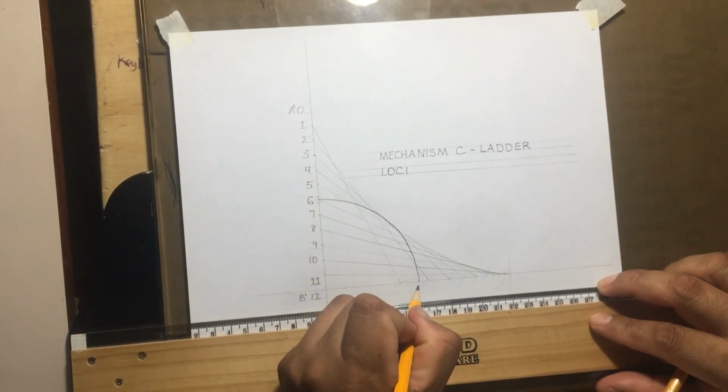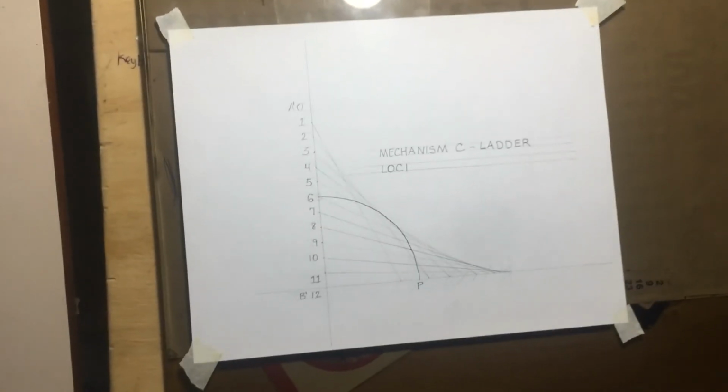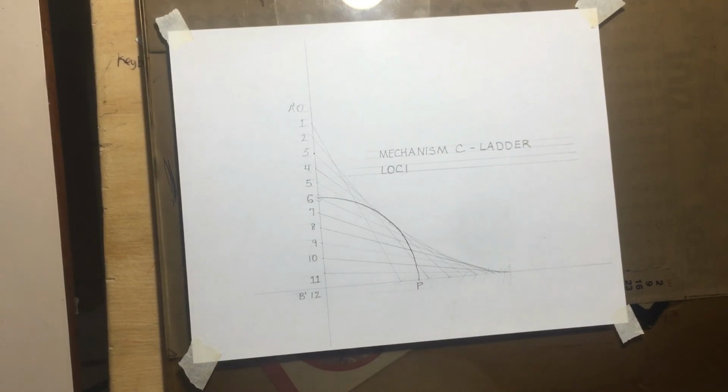Because this is 6, so this is P. Okay, so that is the construction of the mechanism for this figure.